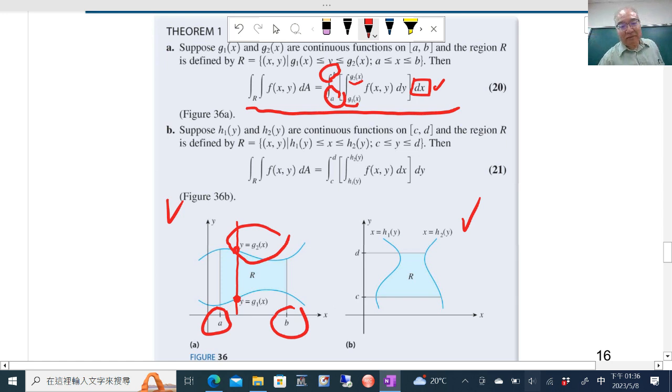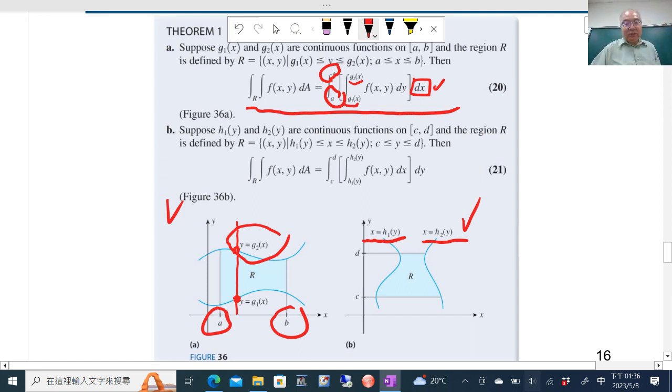So x can be expressed by the lower curve, h1 of y, and the upper curve, x equal to h2 of y. So x will be a function of y.